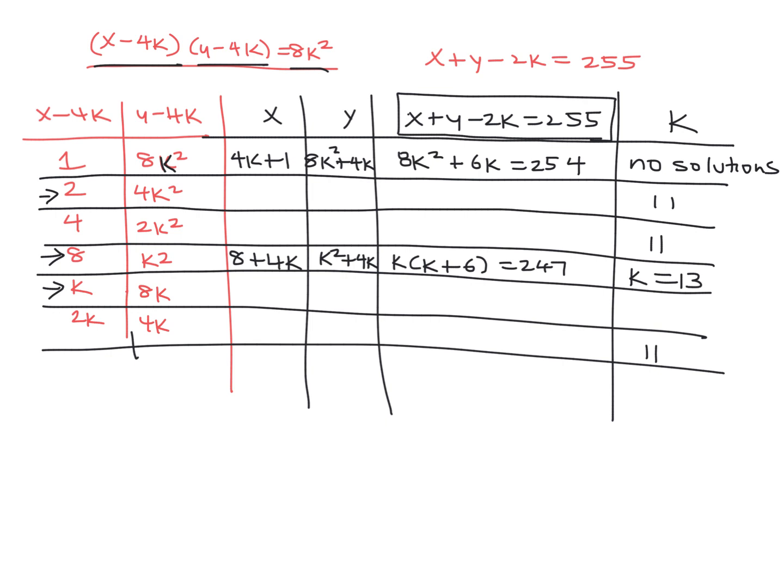And then finally, this guy, the k and the 8k, I believe this becomes 5k, 12k. And this becomes 15k is equal to 255, and k equals 17. So there we go. We did eventually get two solutions that are prime.